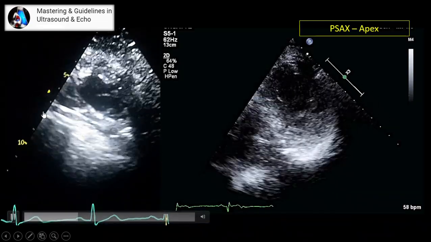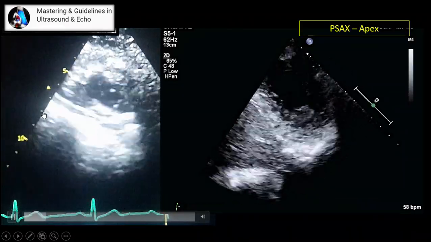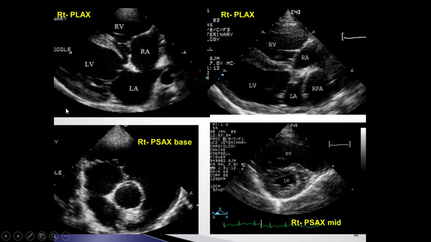Another thing I like to mention before I go to the next slide is the ascending aorta. Whenever you are getting a PLAX image and checking the aorta, always try for yourself: slide toward the aorta and check the ascending aorta, and make sure there isn't any pathology.